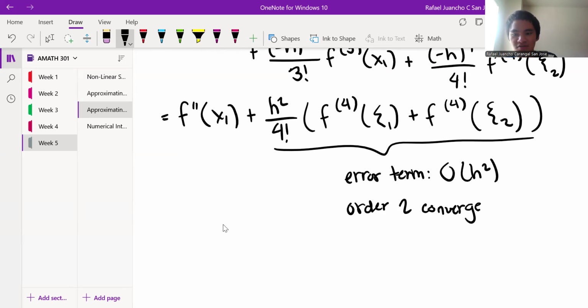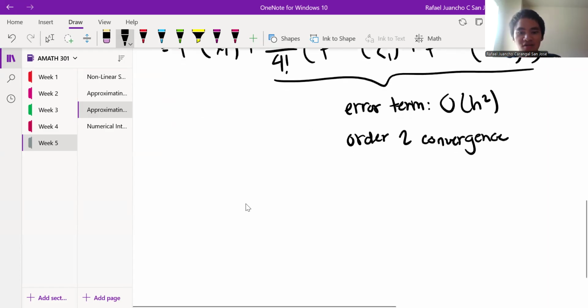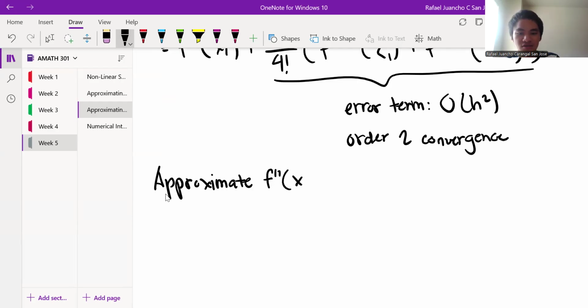So it's kind of similar to approximating the first derivative using Taylor approximations. But what if we want to approximate the second derivative using different terms? What do we mean by different terms? We'll see it here. I also don't know.